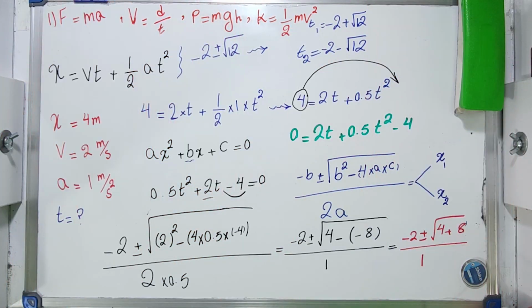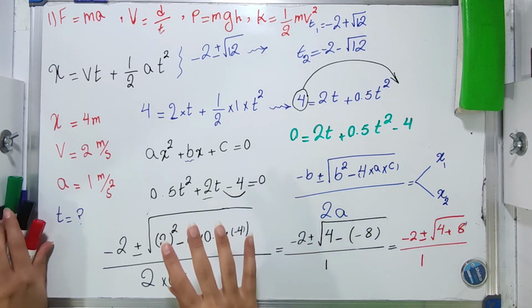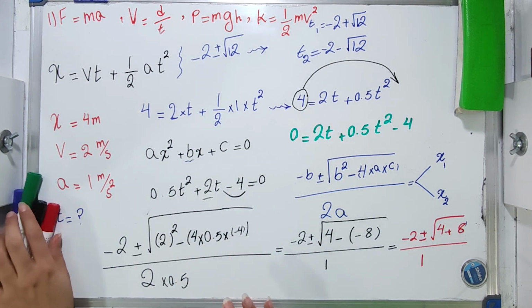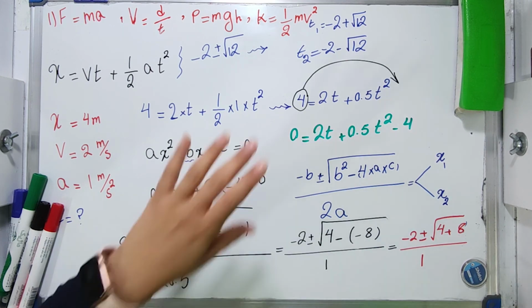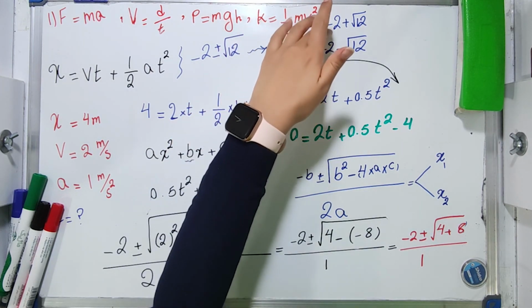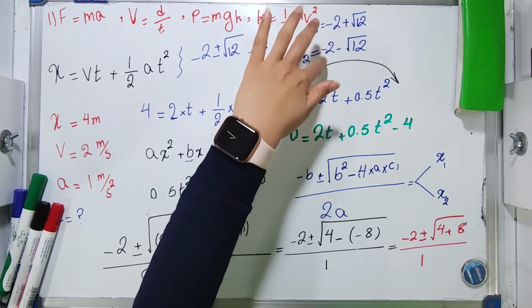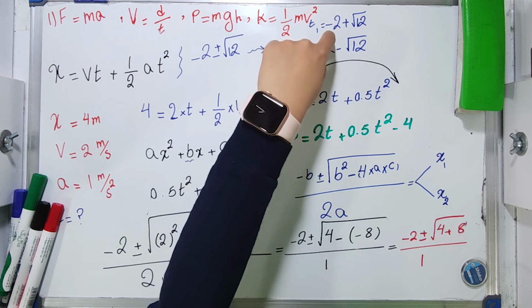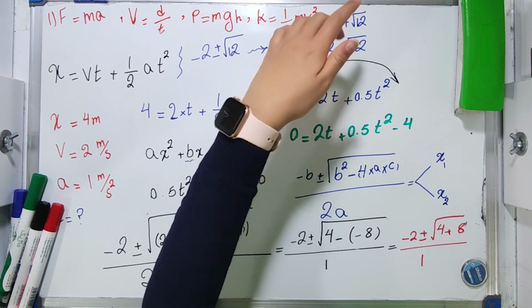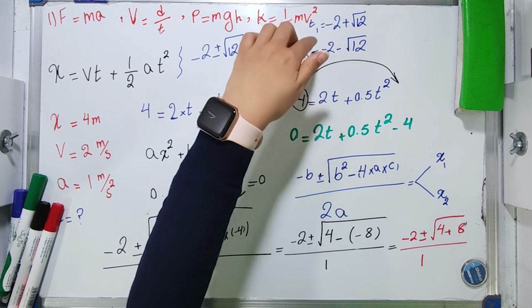And you should decide which t is good or which t is your answer. For example, about the time here, because my example wasn't real, this answer cannot be the answer because it is negative, but this one is positive and it can be your answer for time.